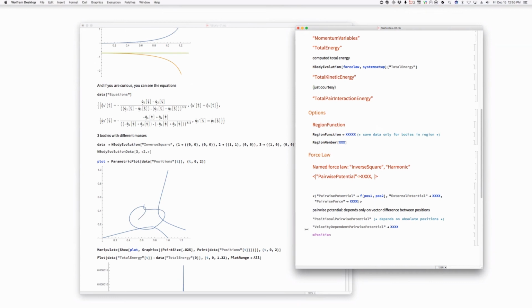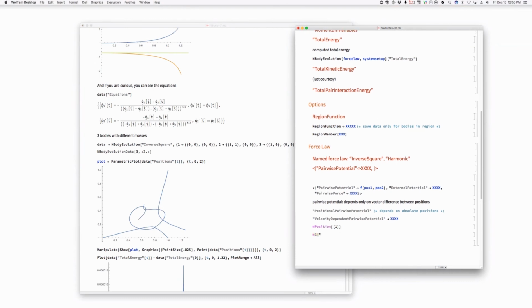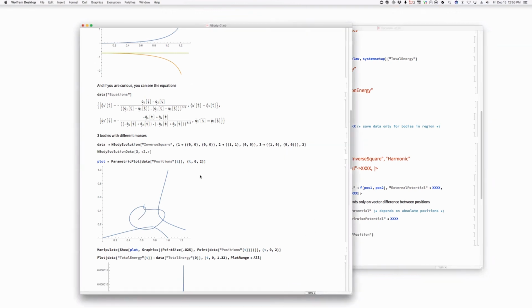Unfortunately, it's going to wind up being something like giving the position of the first body, and that's kind of ugly. Or it's hash 1 position minus hash 2 position, which is not terrible. All right, let's keep looking through some more of this for a minute here.